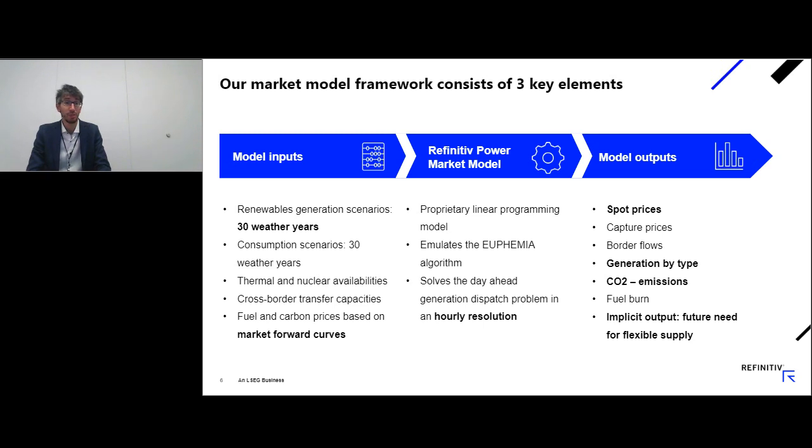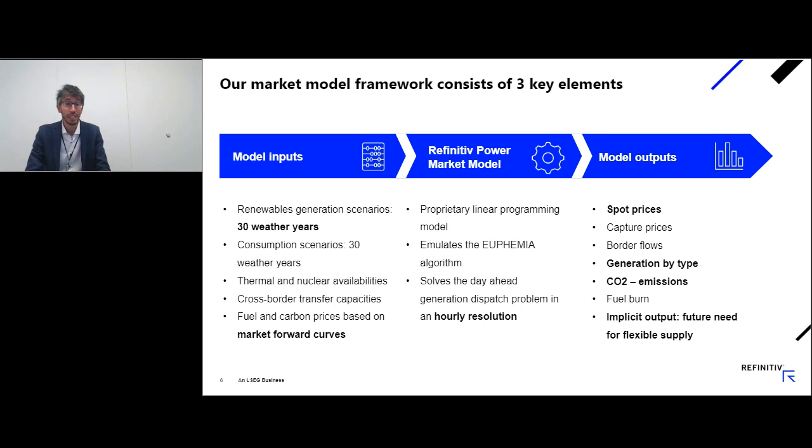It solves basically the generation dispatch problem in hourly resolution, emulating in a way what the Euphemia algorithm does for the day ahead, for calculating a day-ahead price.